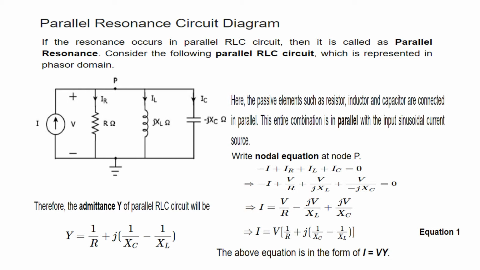The above equation is in the form of I equal to VY, where Y means admittance. So we get Y equal to 1 upon R plus j into 1 upon XC minus 1 upon XL.